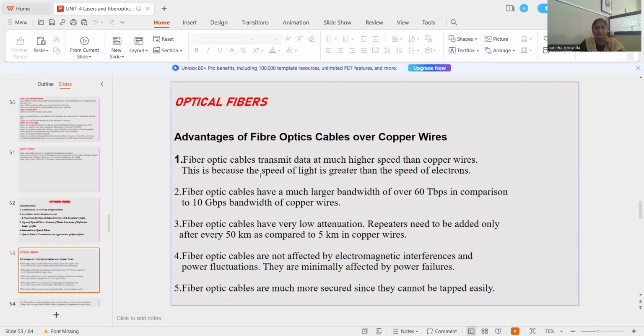Optical signals means light. The speed of light is greater than the speed of electrons. So optical fiber cables transmit the data at high speed.